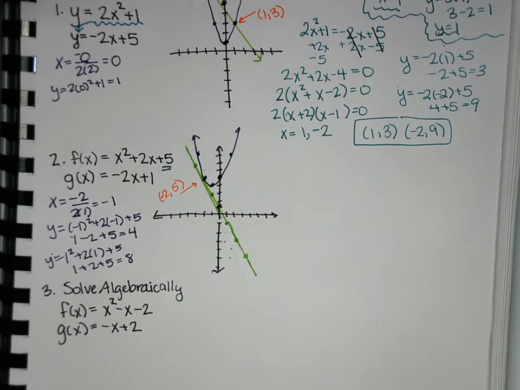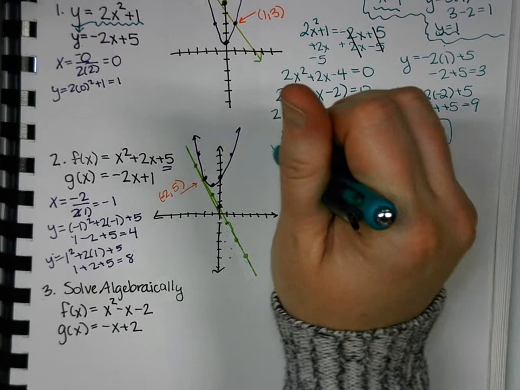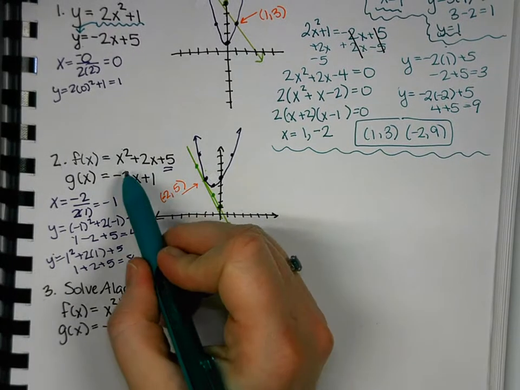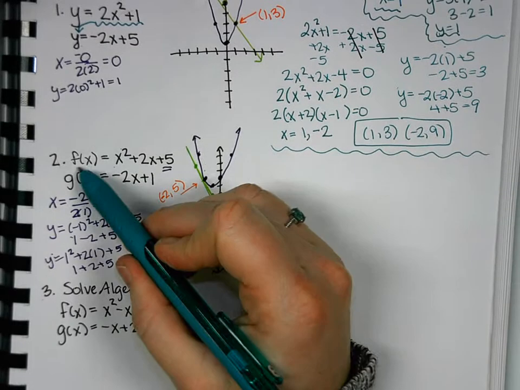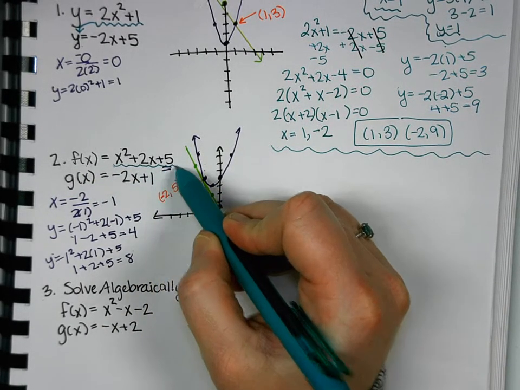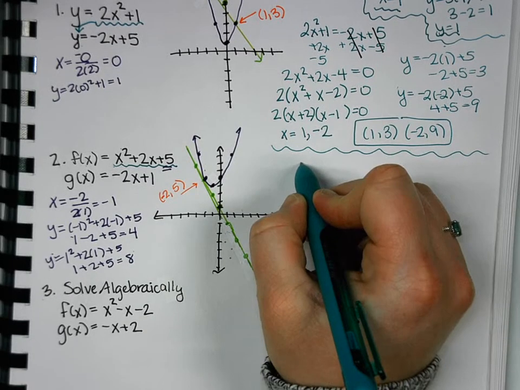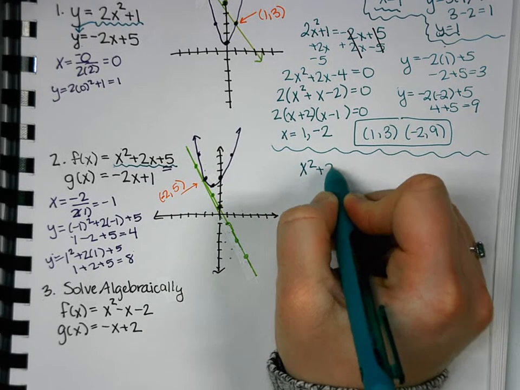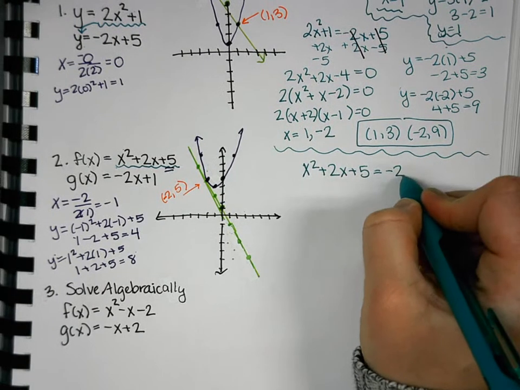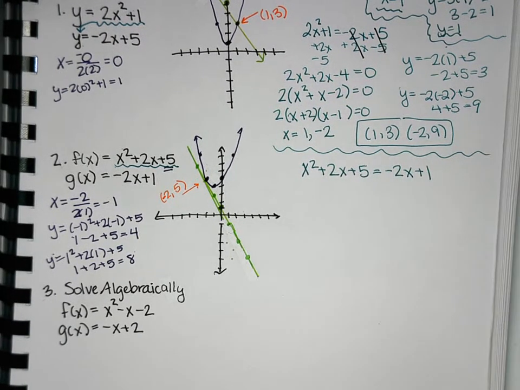So when we go to do it algebraically, we should confirm that answer. So we're going to take f and g both standing for y. So that means I'm going to find out where this equals g. So x squared plus 2x plus 5 equals negative 2x plus 1, and we're going to solve for x.